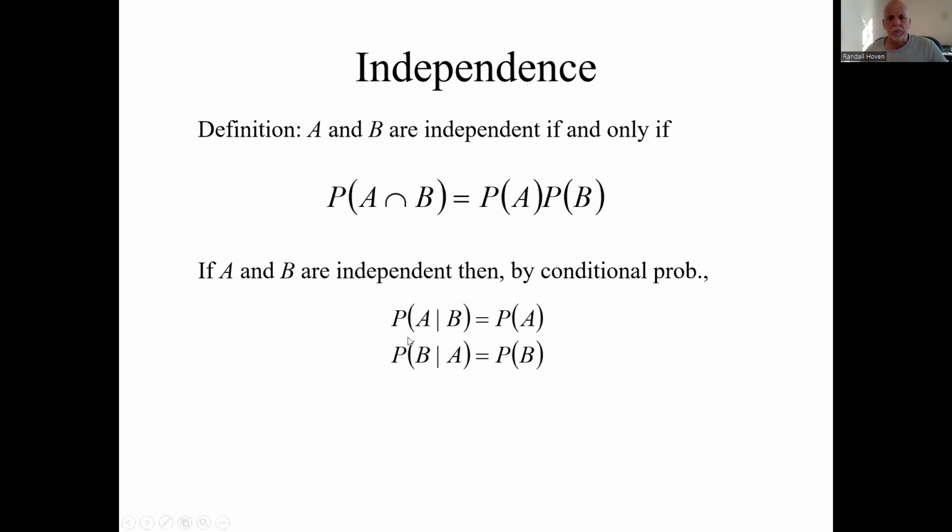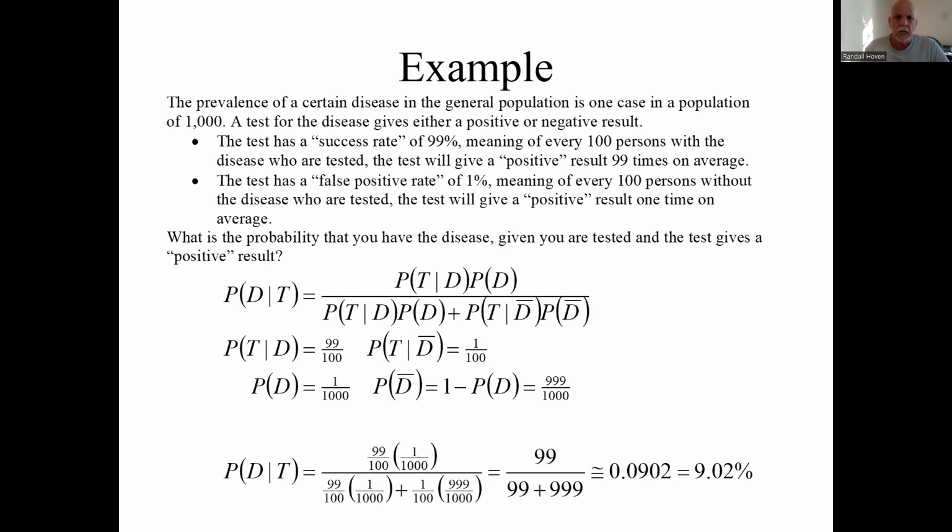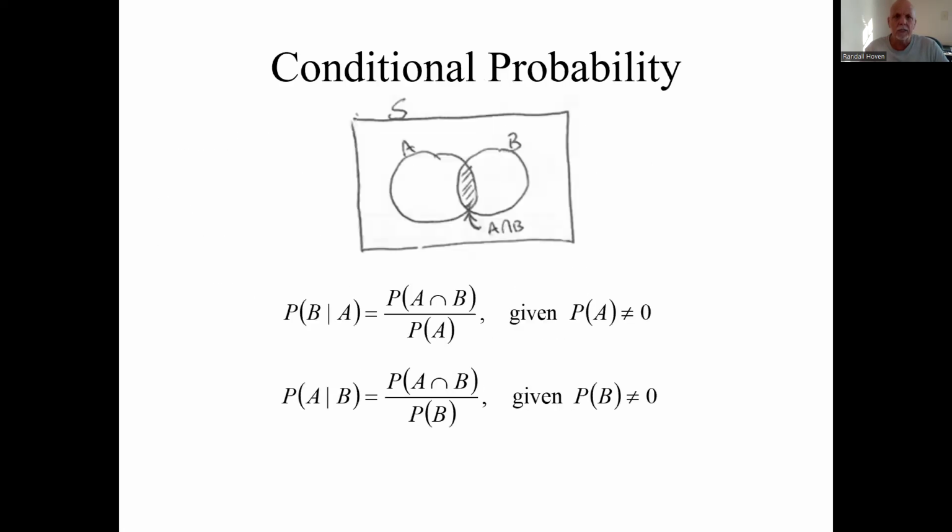A consequence of that is that if they're independent, then the probability of A given you know it's in B is just the probability of A. The probability of B given you know it's in A is just the probability of B.